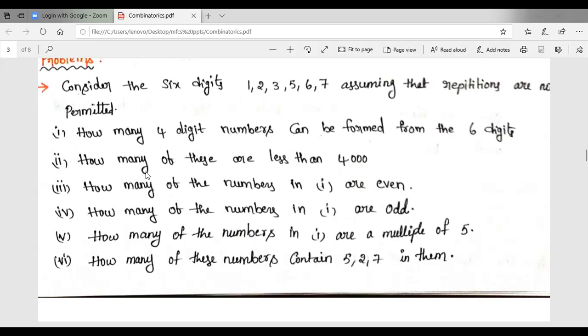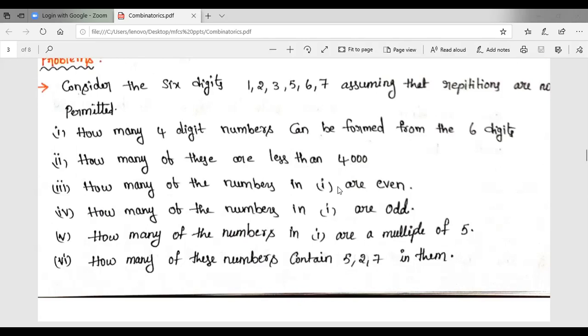Second question: how many of these are less than 4,000? In the possible 4-digit numbers, how many are less than 4,000? Third question: how many of the numbers in the first question are even?